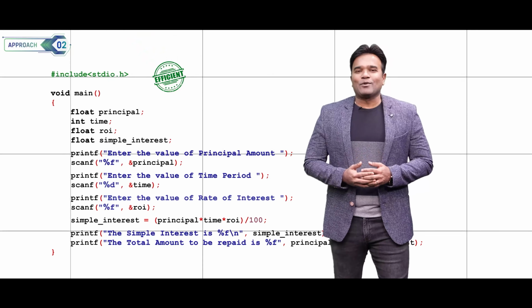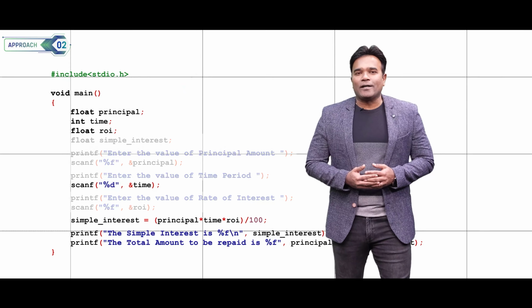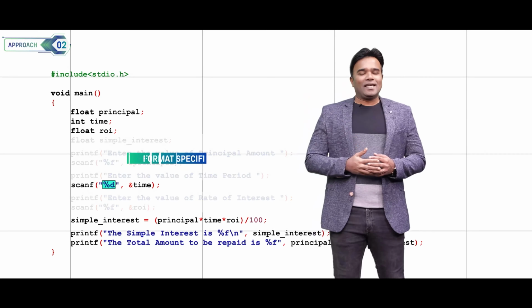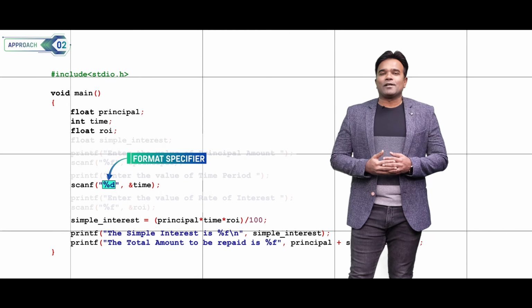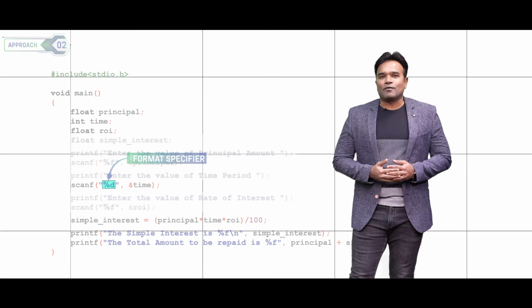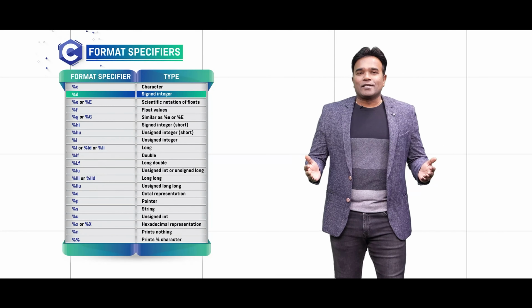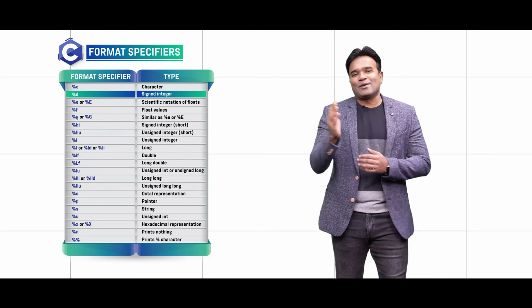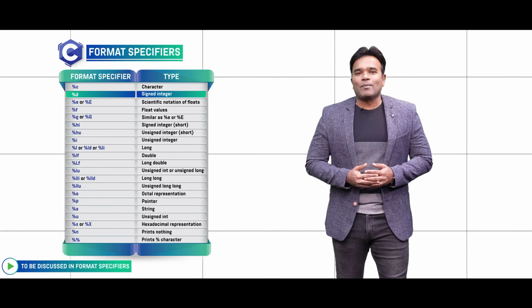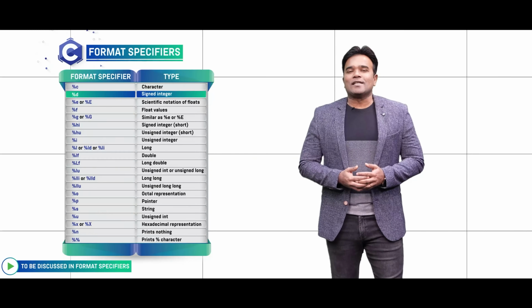Well, here I would just wish to highlight one point, that %d is the format specifier that you will really have to make use of. For those who don't know what a format specifier is, it would not be right on my part to even tell what %d is.